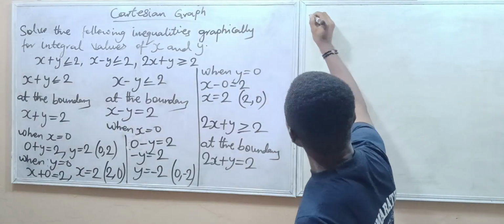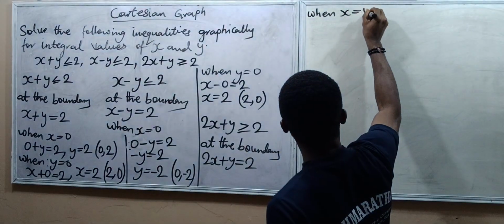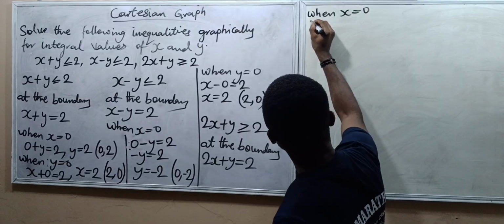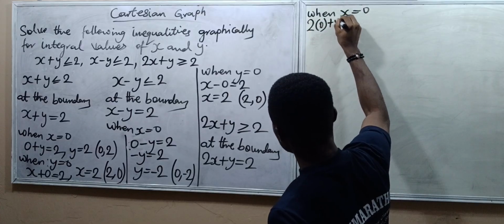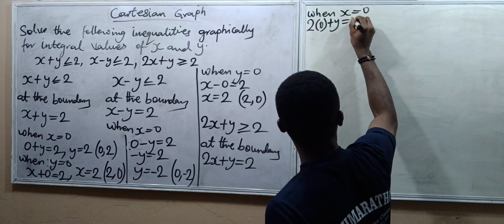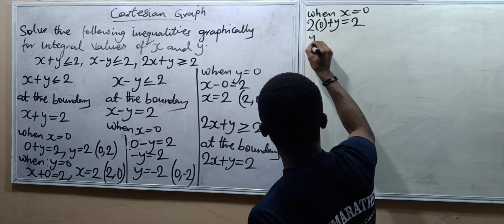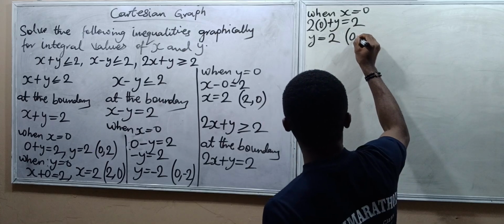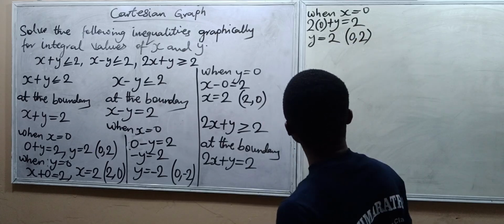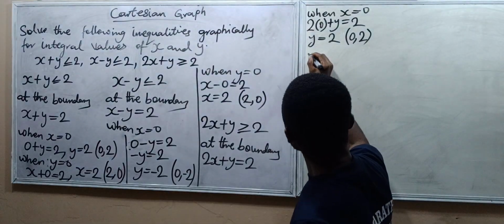And then when x is equal to 0, we have 2 times 0 plus y is equal to 2. This implies that y will be equal to 2. So we have x is 0 and y is 2. Hope it's clear.